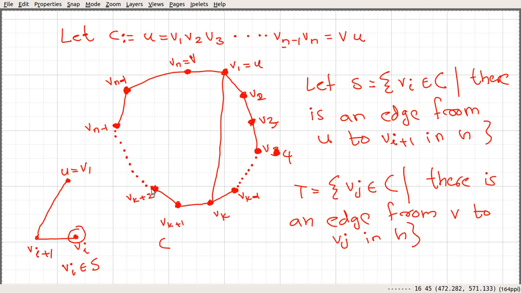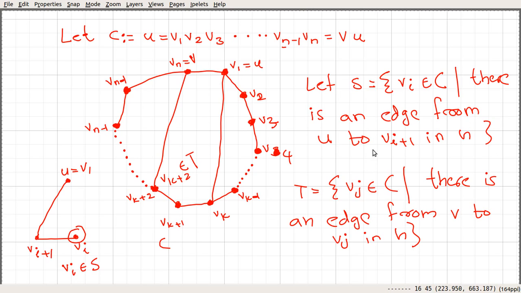For example, if there is an edge between V and Vk plus 2, in that case we will add Vk plus 2 to T. So it's a very simple rule.